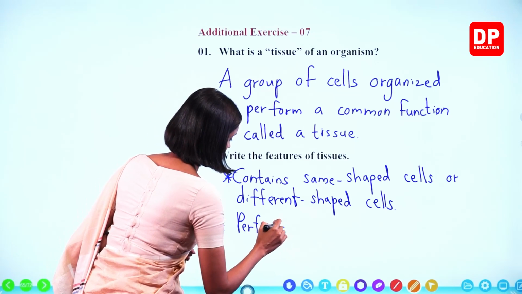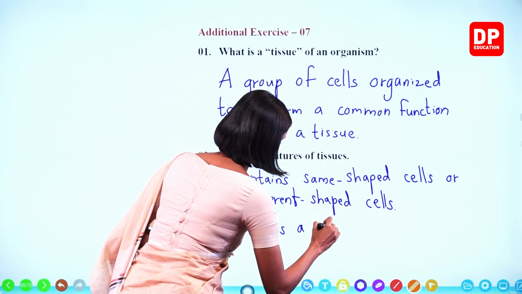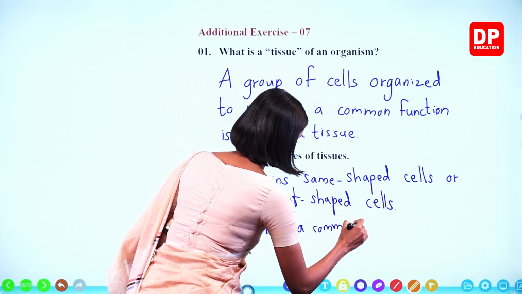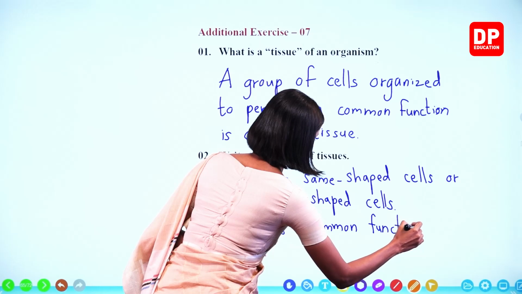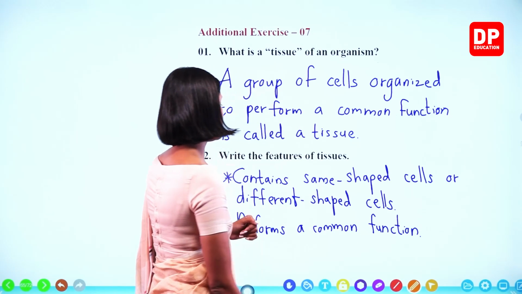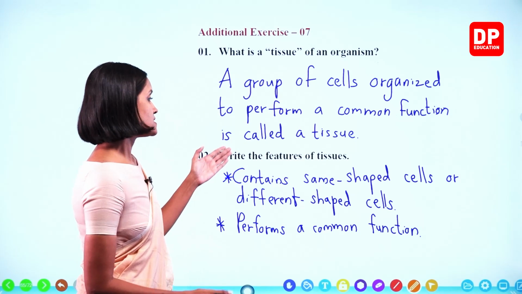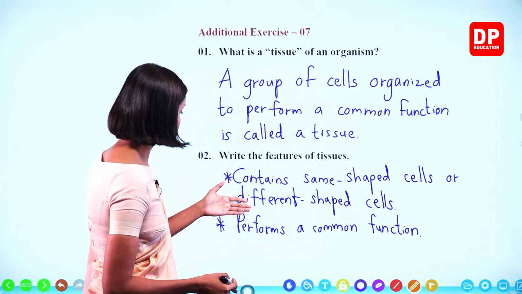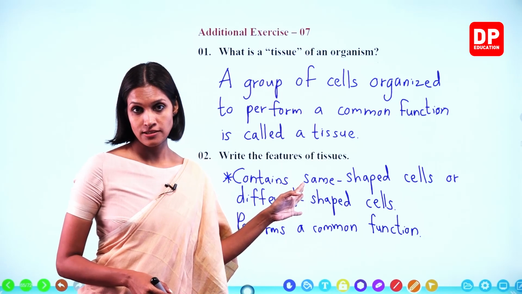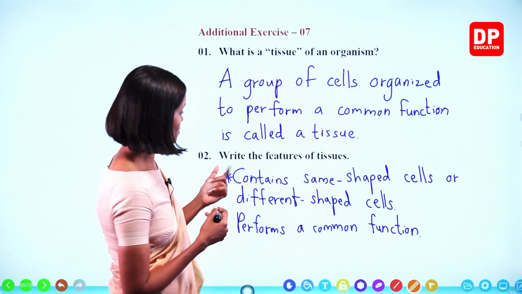Performs common function. Right? Contains same shaped cells or different shaped cells and these cells perform a common function. Right, children? We'll move on to the next.